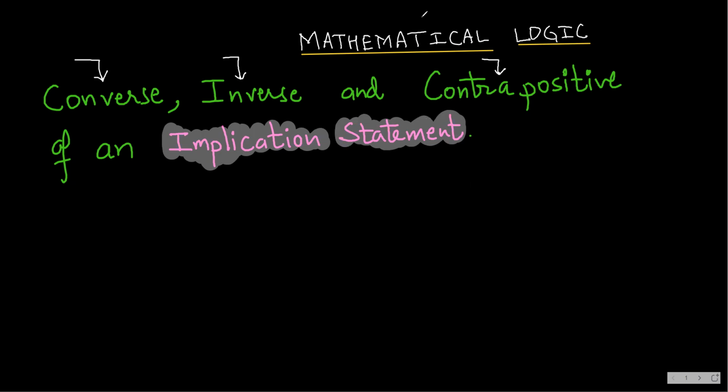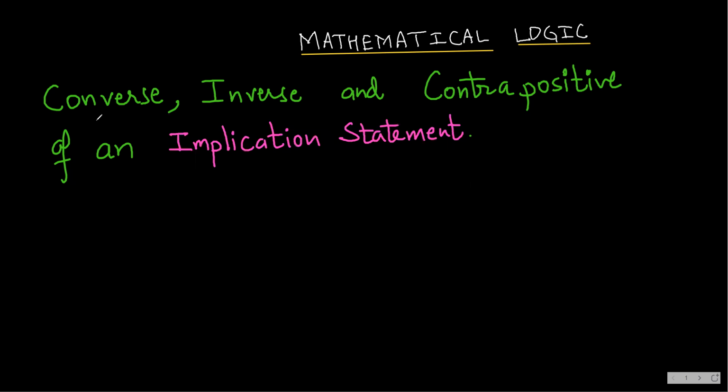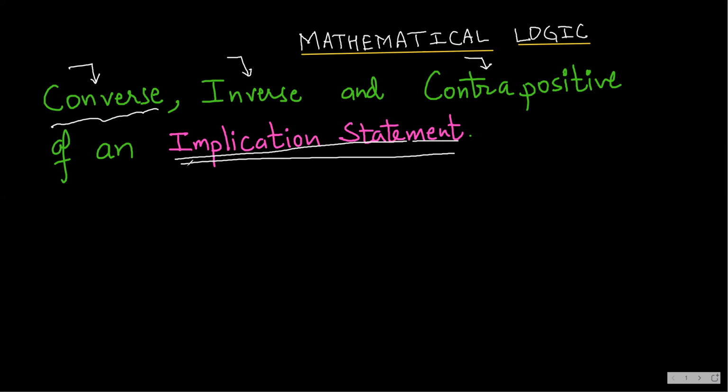It's very important for us to understand that when you say converse, it is the converse of an implication statement. When you say inverse, it is the inverse of an implication statement. When you say contrapositive, it is once again of an implication statement.